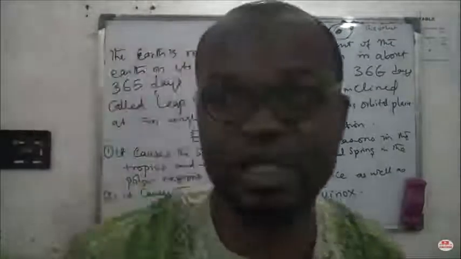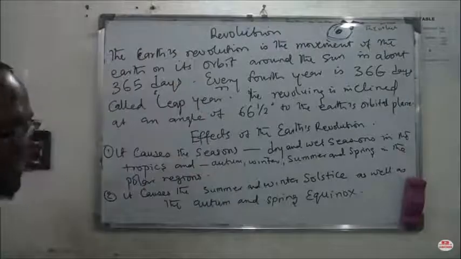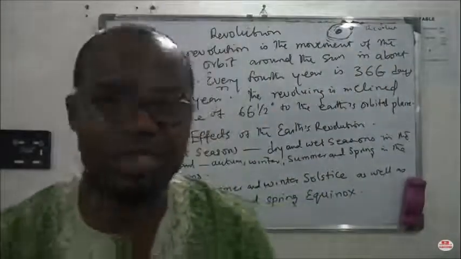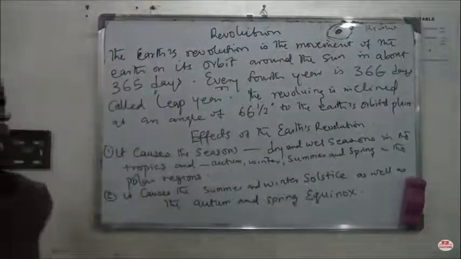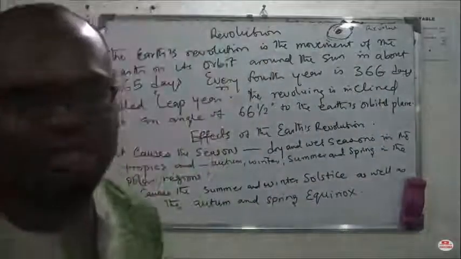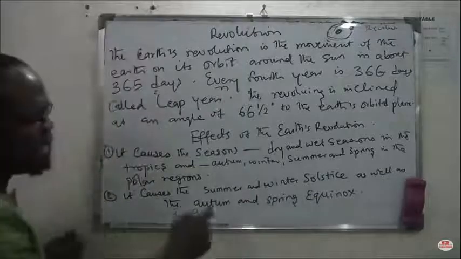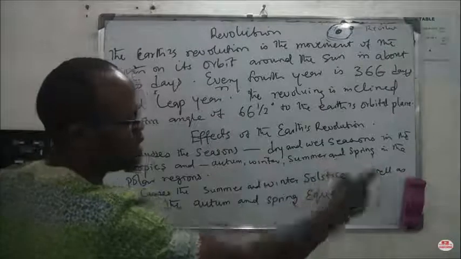Like now, we are having a little dry season in Nigeria. So it's either the wet or the dry season. The wet or the dry season is actually caused by the revolution of the earth. In polar regions, such as you can see in Europe or in America, we have seasons like autumn, winter, summer, and spring.